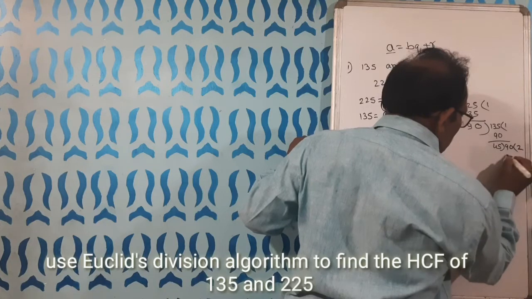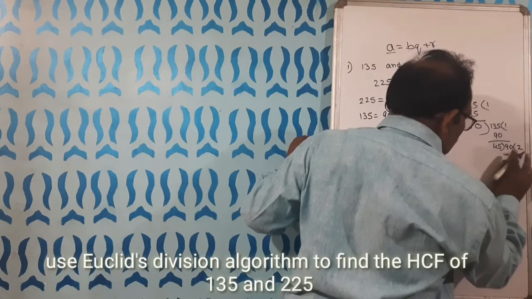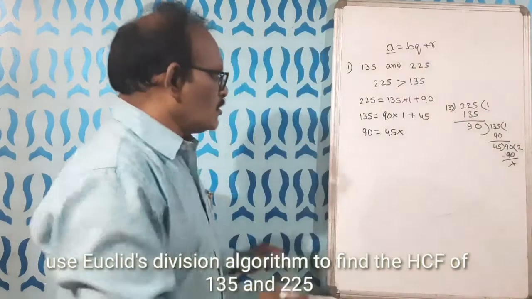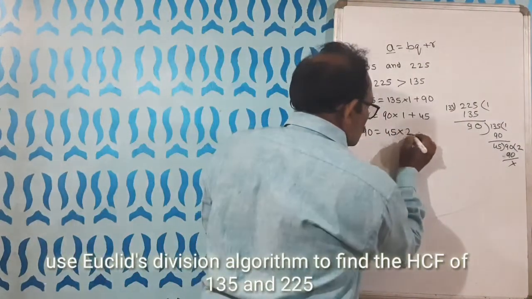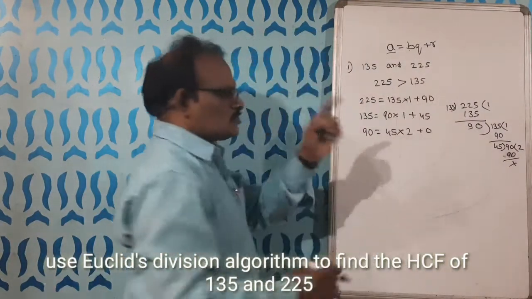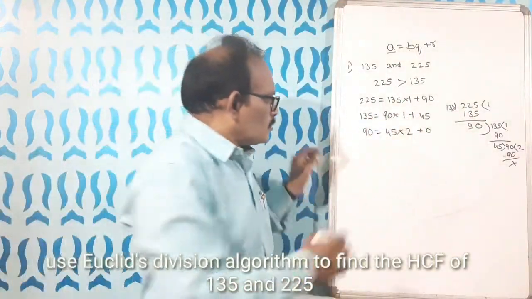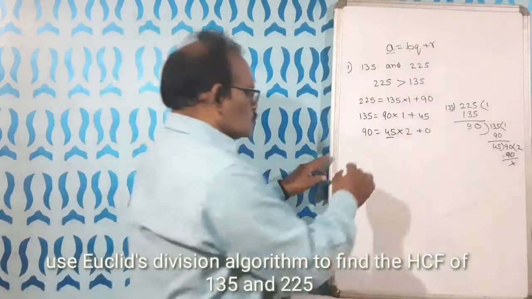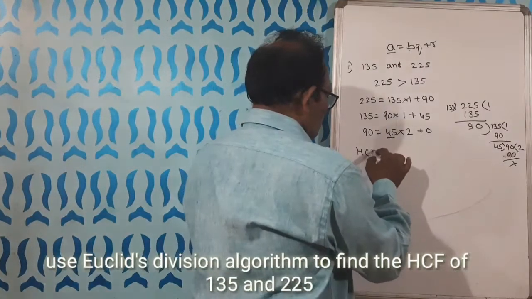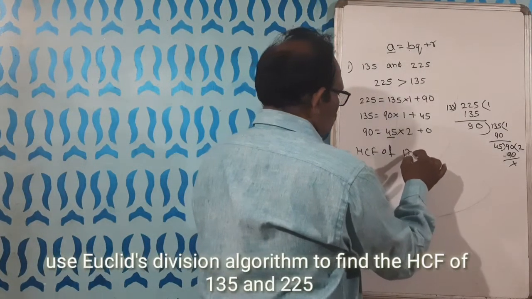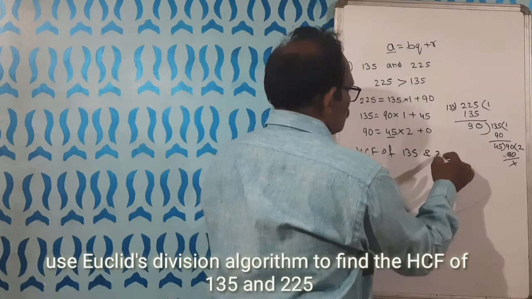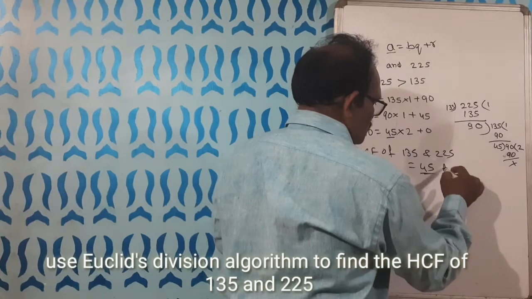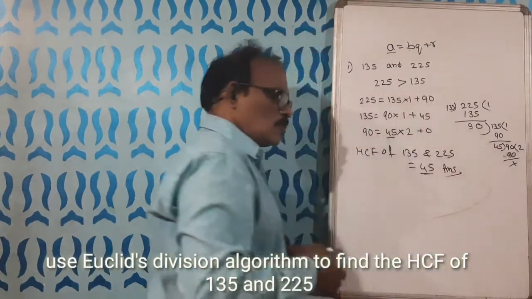Obviously 45 twos are 90, so here we got 0. So 90 = 45 × 2 + 0. Here we got 0, so this 45 is the answer. So the HCF of 135 and 225 is equal to 45. This is the answer.